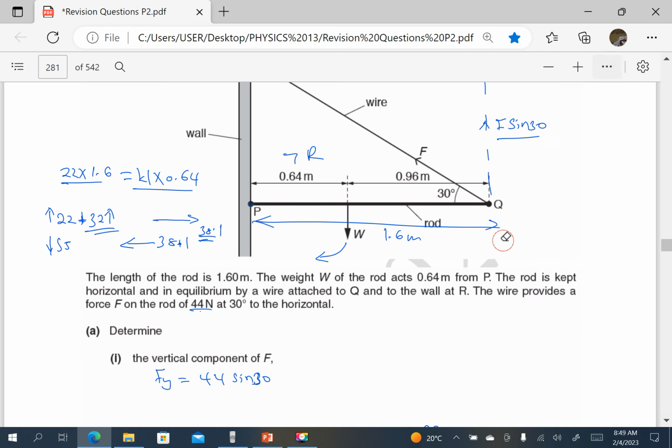I'll use a ruler to draw it better. It must be between and somewhere here. So that is the arrow we are looking for.